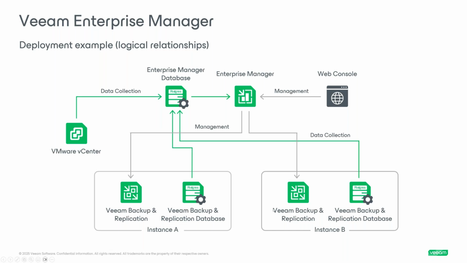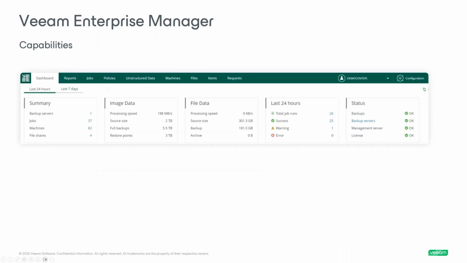Your Veeam Backup Application servers, as well as their database, will also be connected to the same PostgreSQL that feeds the Enterprise Manager. And you also have the Web Console. The Veeam Backup Application database will be feeding data to the PostgreSQL database on Enterprise Manager.